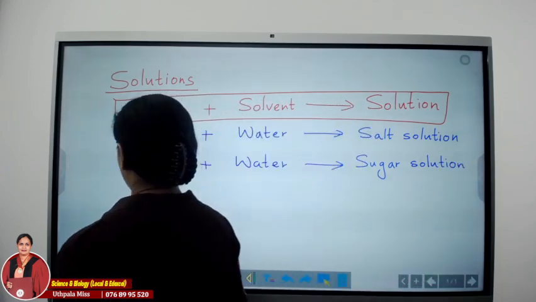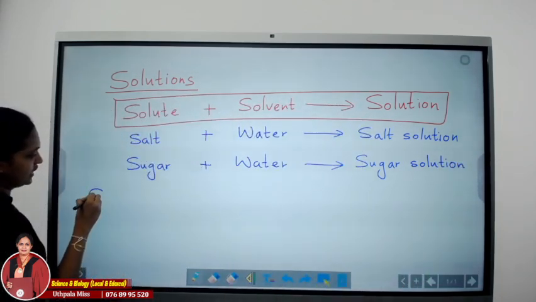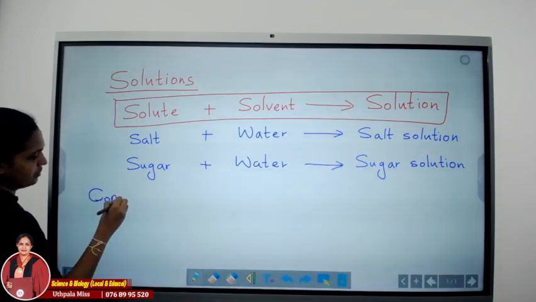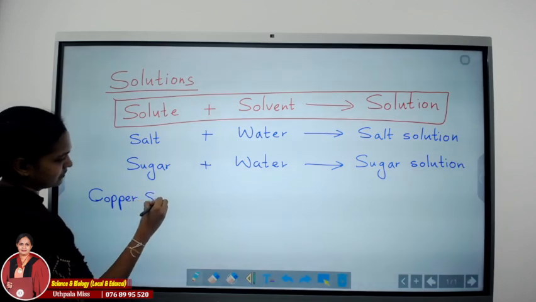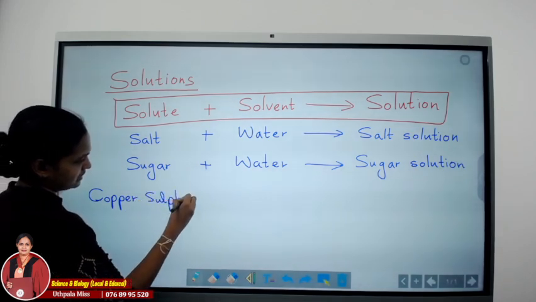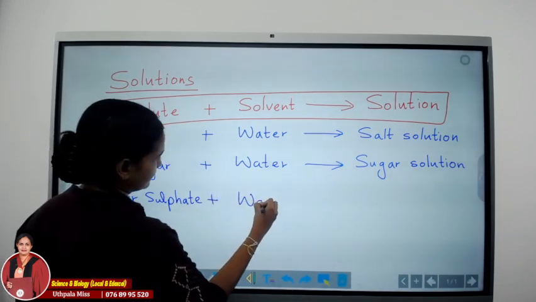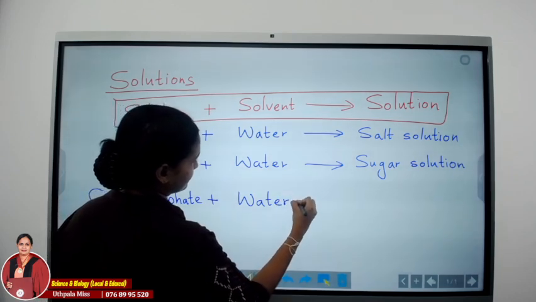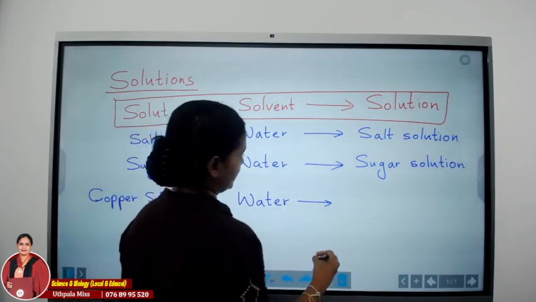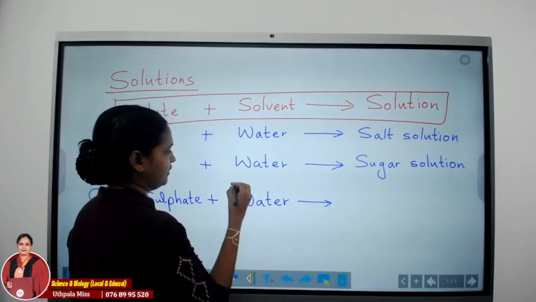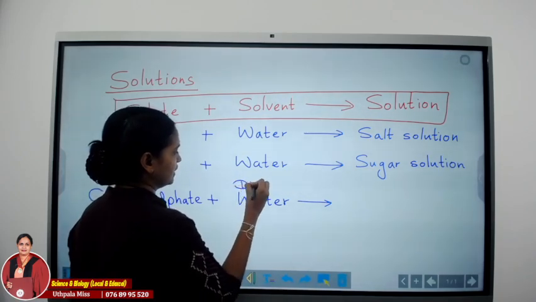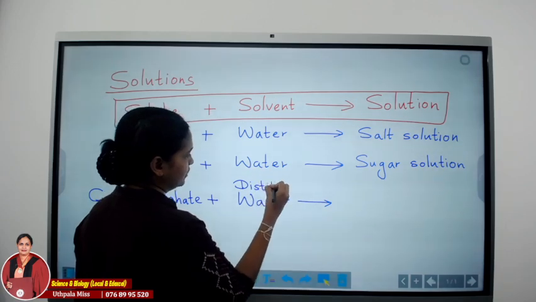Right. If we take copper sulfate plus water, it's a copper sulfate solution. There we can use distilled water. It is available in the laboratory.